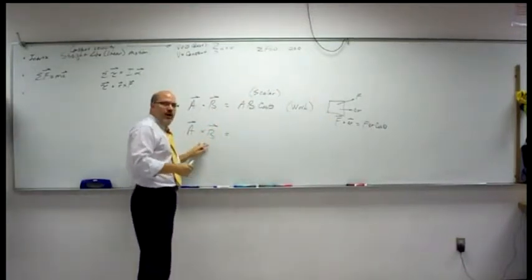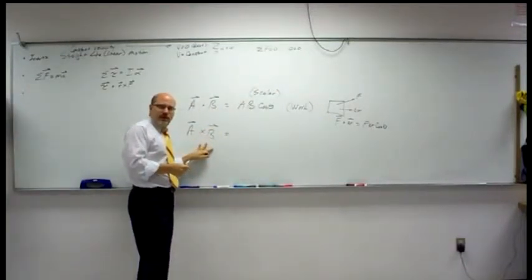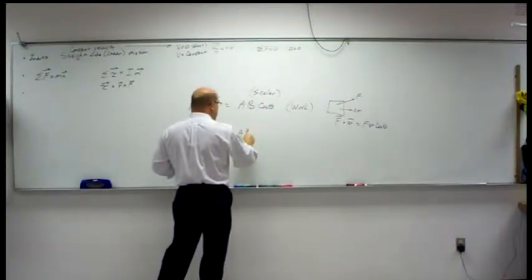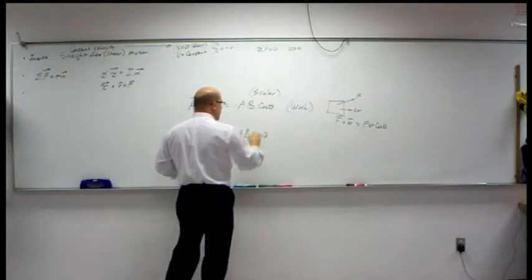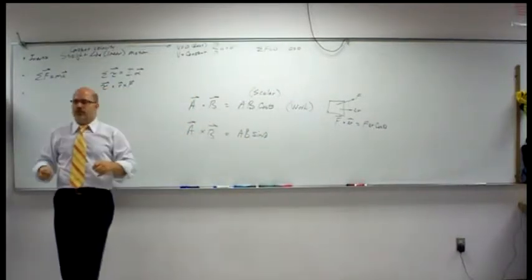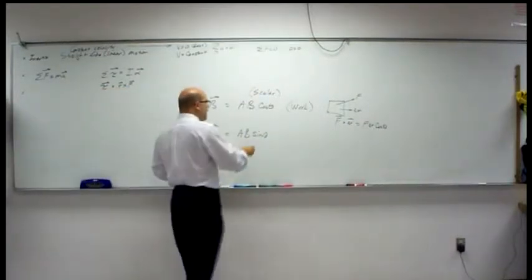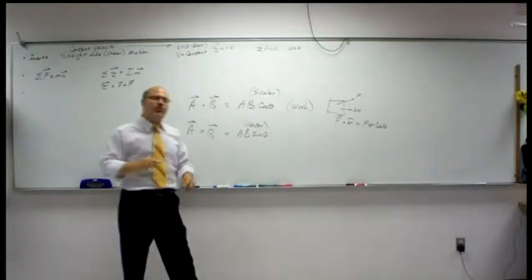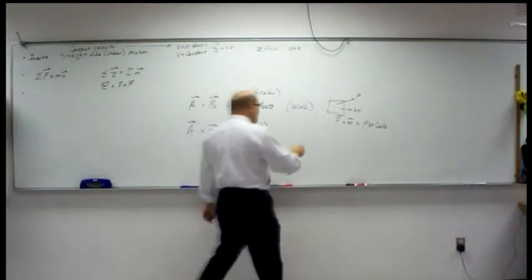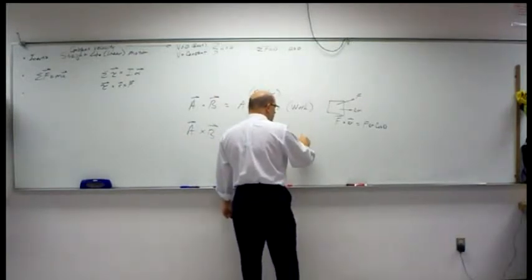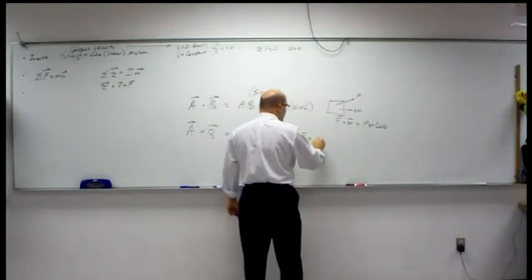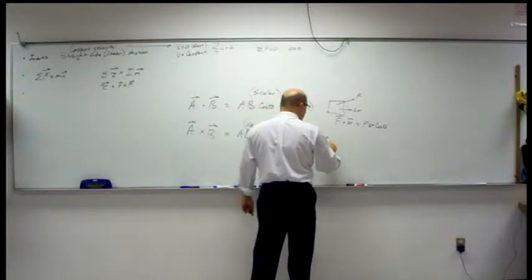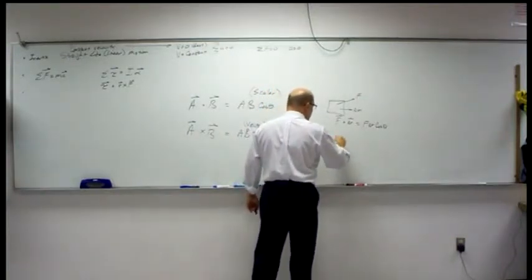Okay? Gives you a scalar. All right. We saw the cross product last year when we did magnetic fields. This is A B sine theta. Okay? And this is a vector. Do you remember this equation from last year? Magnetic force equals q v B sine theta.